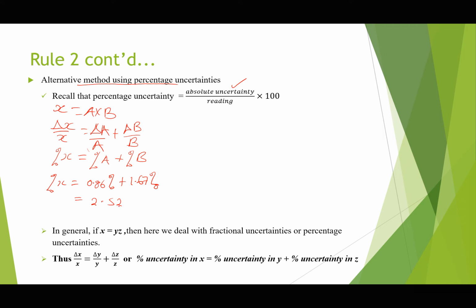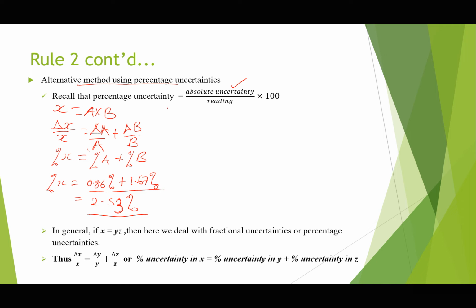Or if I just consider these values, it is 2.53%. Of course, for the percentage uncertainty, there is no rule on the number of significant figures used. So you just simply sum them up and you get the percentage uncertainty.